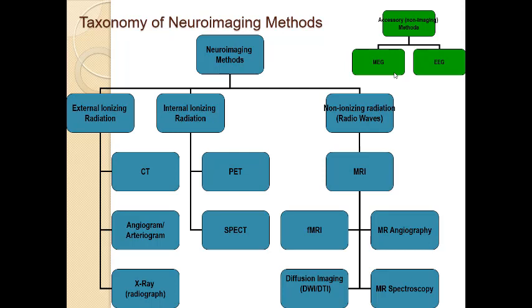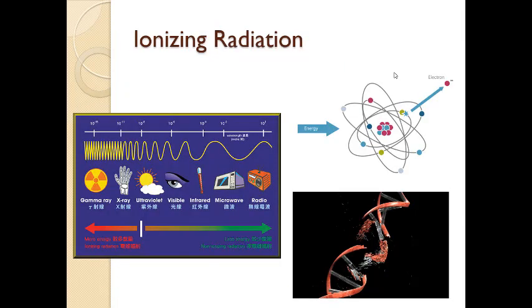But the idea is that we rely on tissue radiating energy to form pictures. And the main sort of distinguishing characteristic is this idea of what we call ionizing radiation. So ionizing radiation is the kind of radiation that we are taught to be afraid of or nervous of, or that is dangerous. Ionizing radiation has high energy levels.